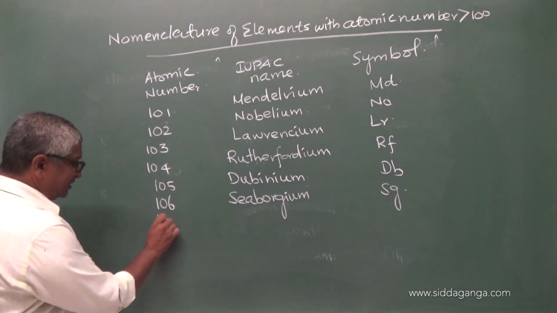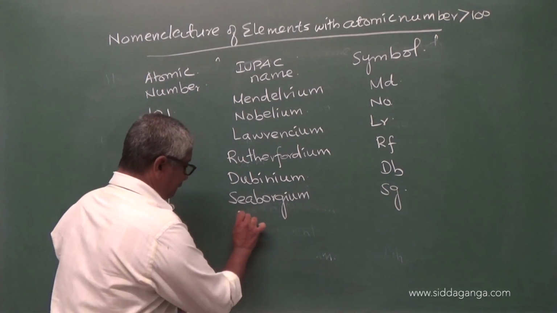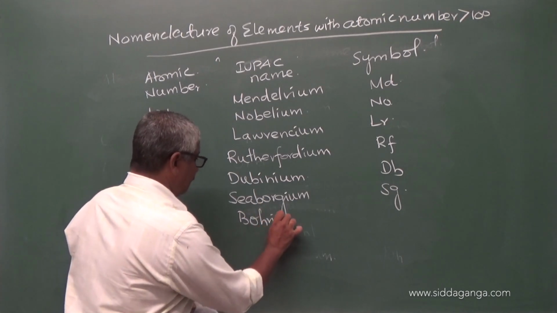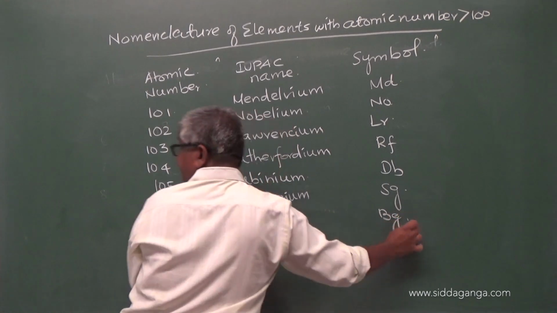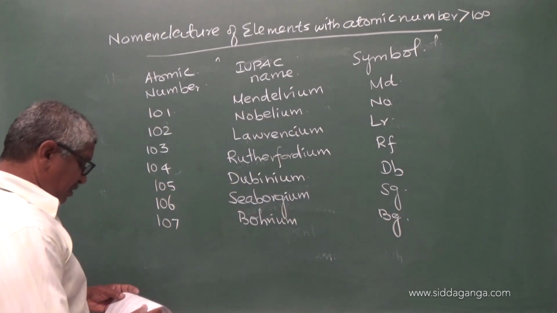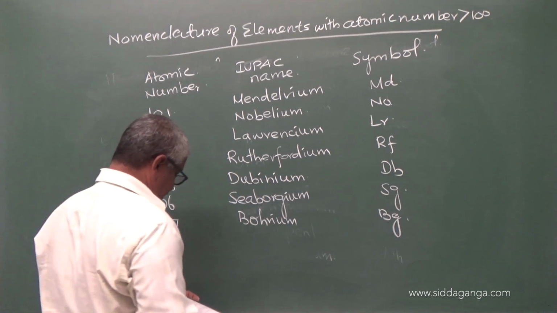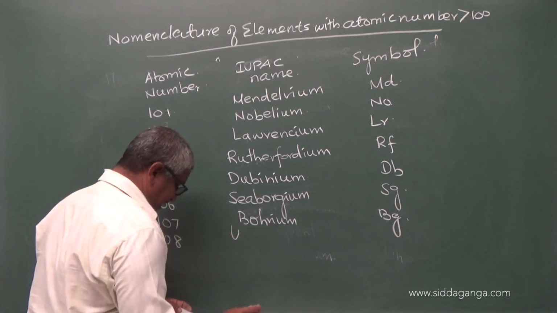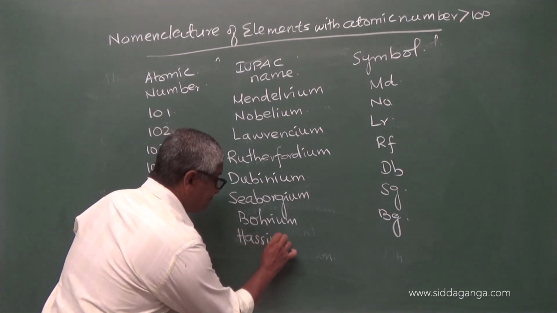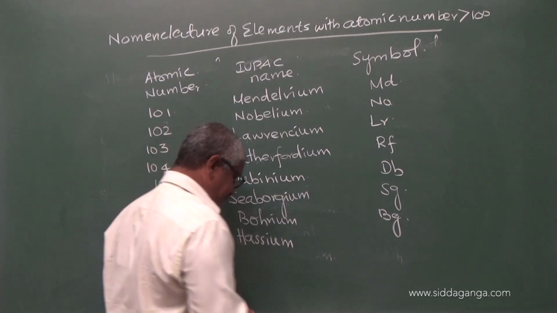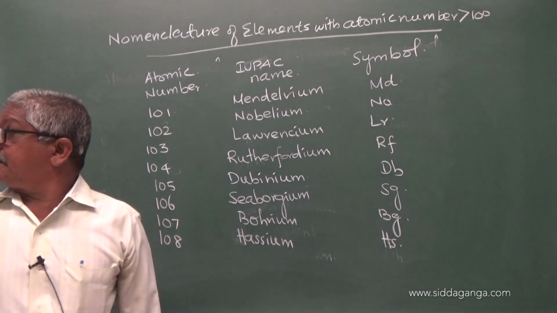Then 107, Bohrium, Bh. 108, Hassium, the symbol is Hs.